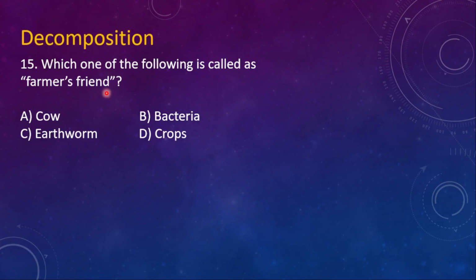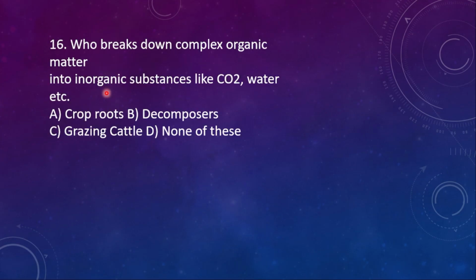Next question from decomposition, that is the 15th question. Which one of the following is called as farmer's friend? Option A, cow, B, bacteria, C, earthworm, D, crops. Here the right option is earthworm. 16th one.